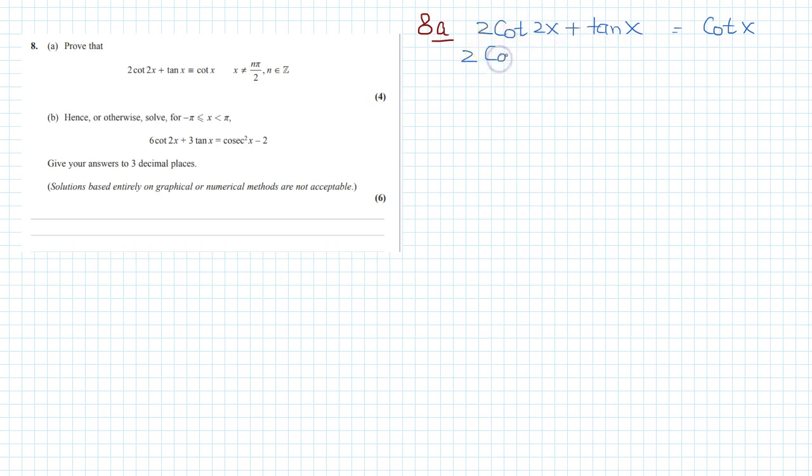So this is 2 cos 2x over sin 2x plus sin x over cos x.